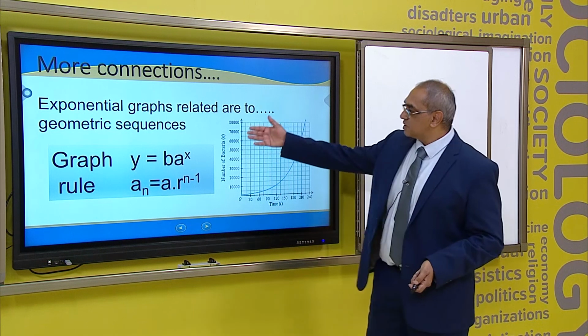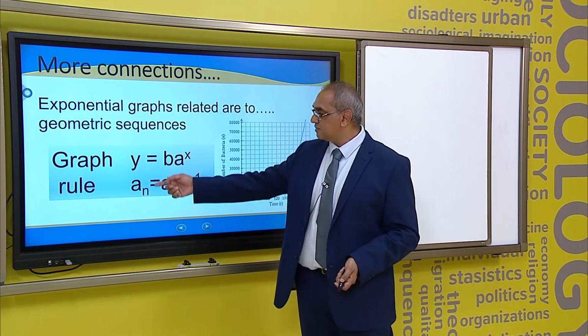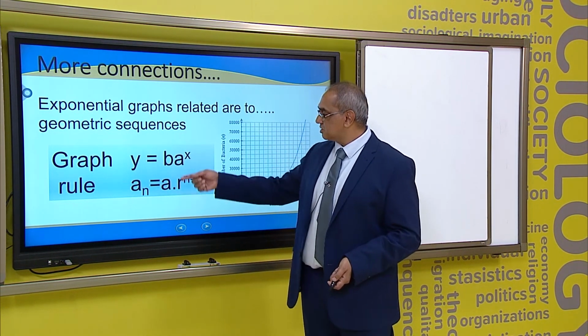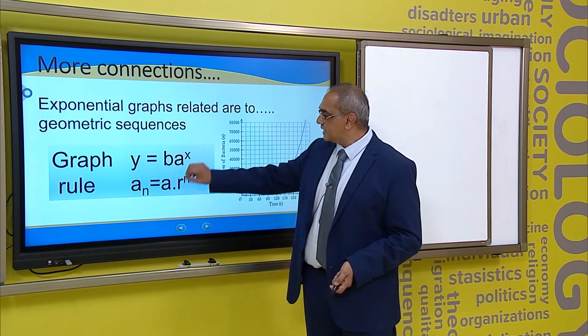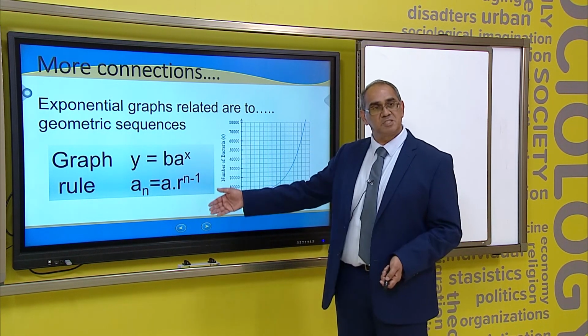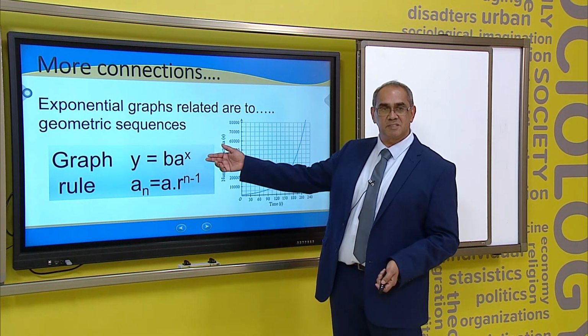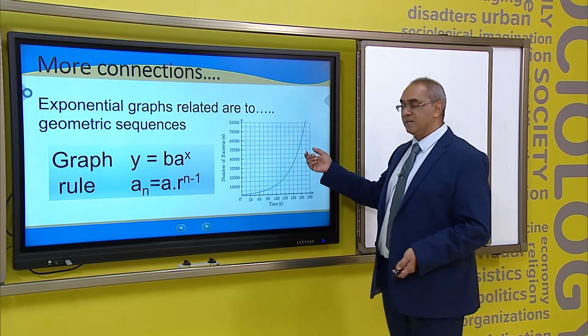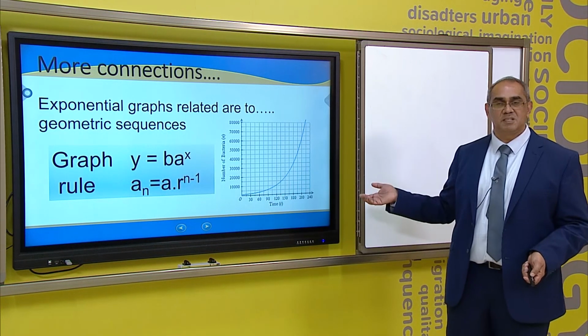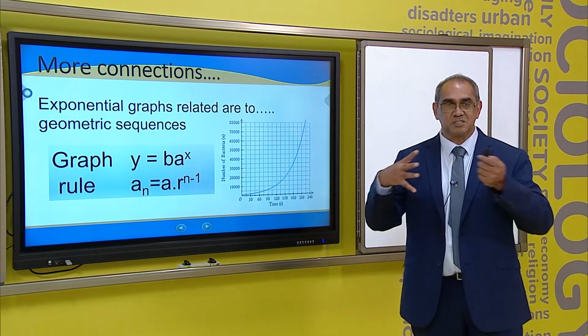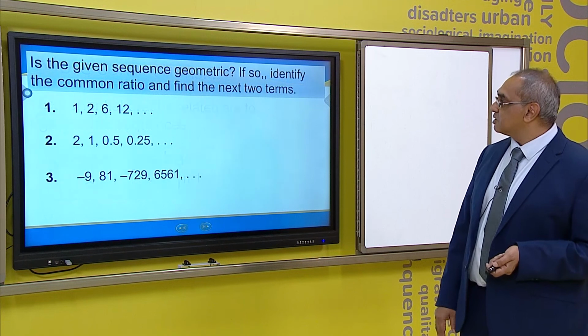Okay? And here you can see the relationship between the graph and the geometric sequence. You can see just the letters are different, but we are doing the same thing. So I can use a sequence, or I can use a graph, the equation, or I can then draw the graph for it as well. So hopefully you see that all these subjects are pretty connected.